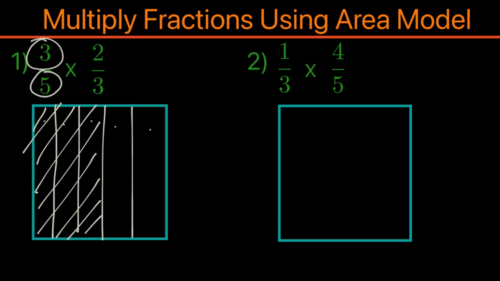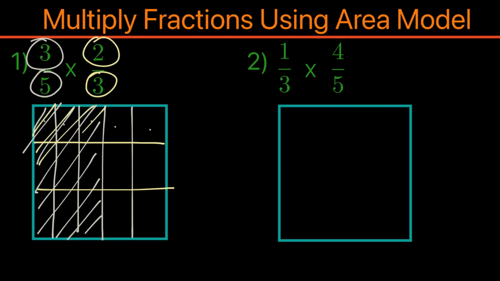Next, I'm going to use a different color, and we see the denominator being 3, so that means we need to separate 3 sections, but this time we're going to do it vertically. So that's 1, 2. So now we have 3 sections, and we're going to shade 2 sections of that.